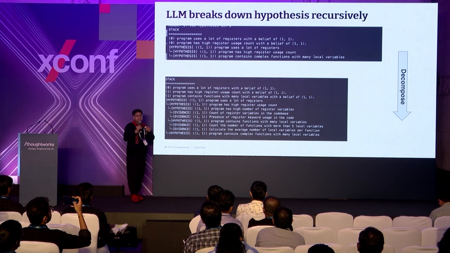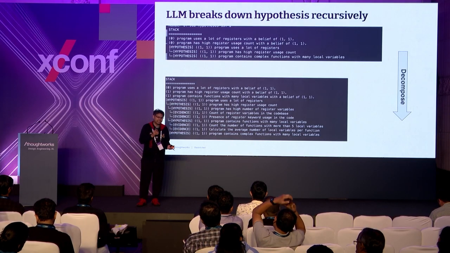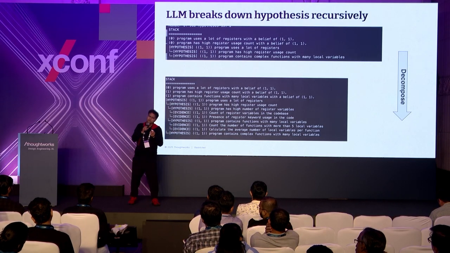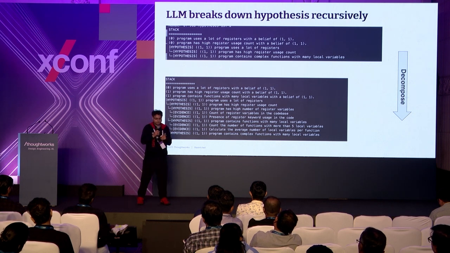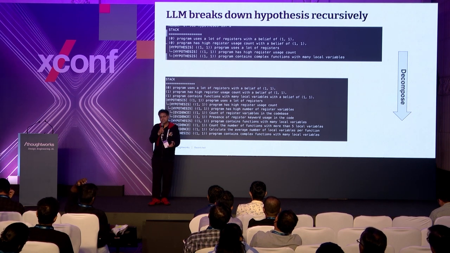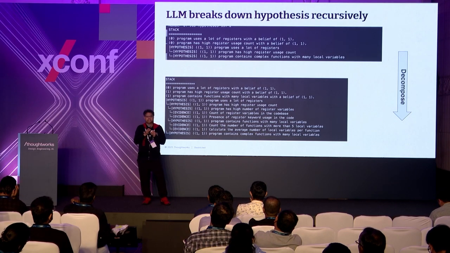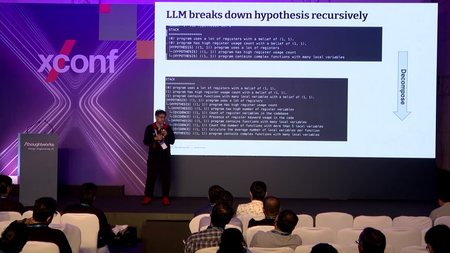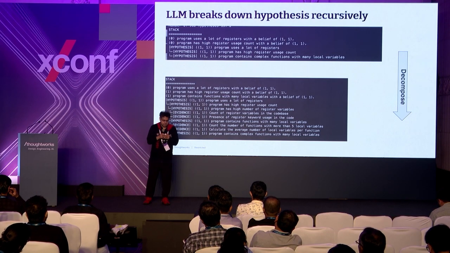And it kept on breaking this down recursively, almost like a chain of thought, but applied to hypotheses. You keep breaking down these hypotheses into smaller hypotheses until you get to a stage where you say, enough, I don't need to break it down any further. Now I can actually gather evidence for these hypotheses based on the program.